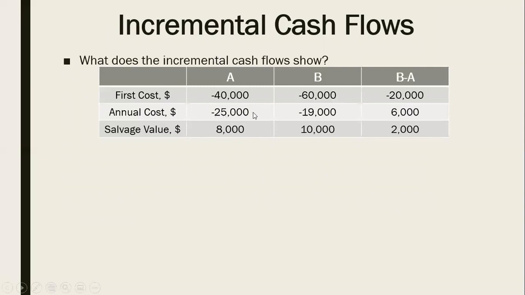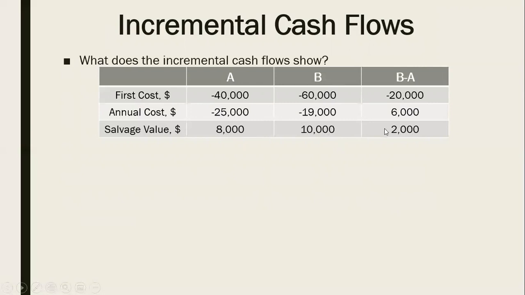And when it comes to annual cost, we can save 6,000 per year by shifting to project B from A, because the annual cost of project A is $25,000 and B is $19,000. Similarly, we can get 2,000 more in terms of salvage value at the end of the life of B, because the salvage value of B is 10,000 and A is 8,000.